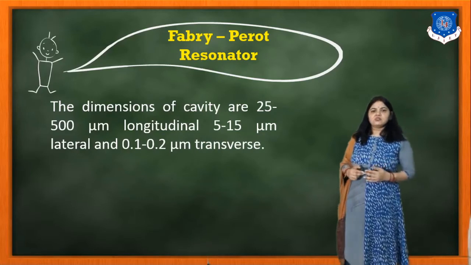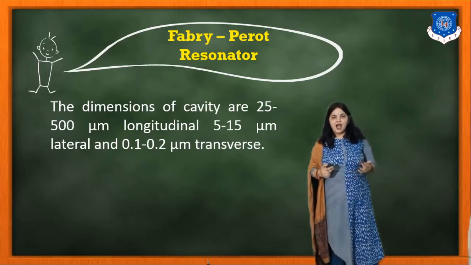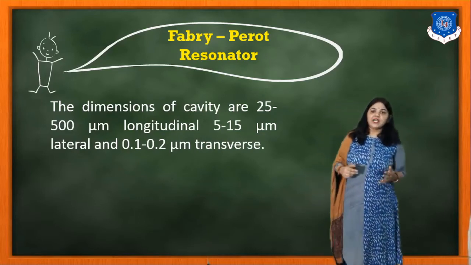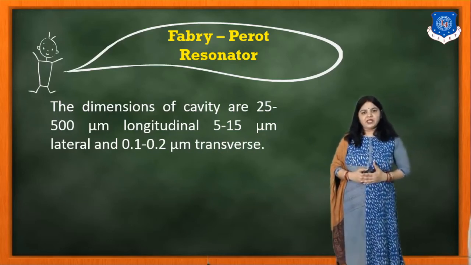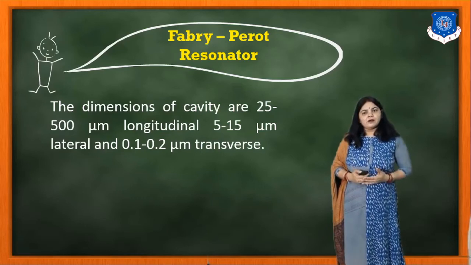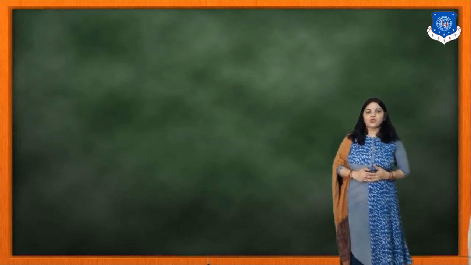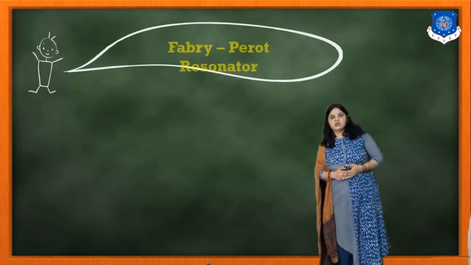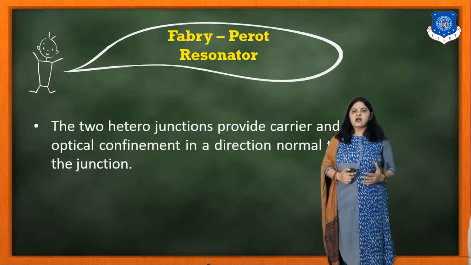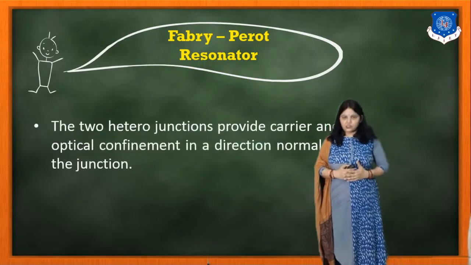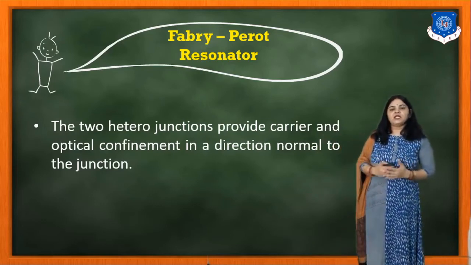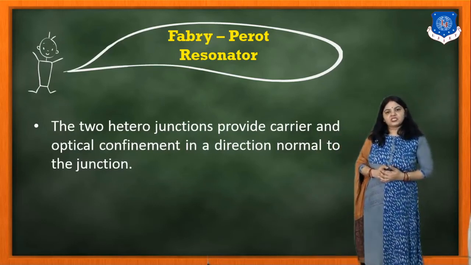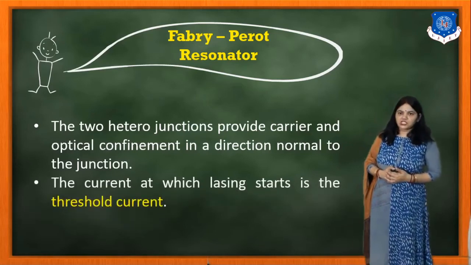The dimensions of the cavity are 25 to 500 micrometers longitudinal, 5 to 15 micrometers lateral, and 0.1 to 0.2 micrometers transverse. The two heterojunctions provide carrier and optical confinement in a direction normal to the junction.